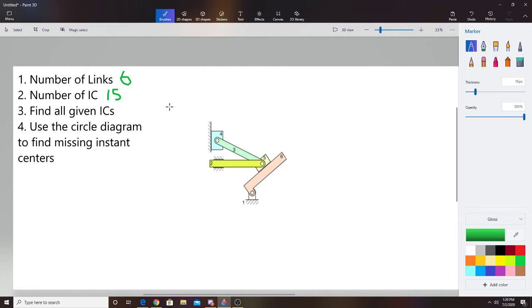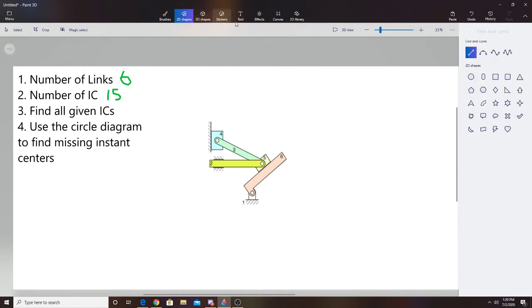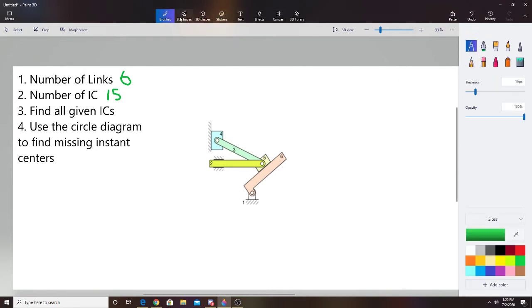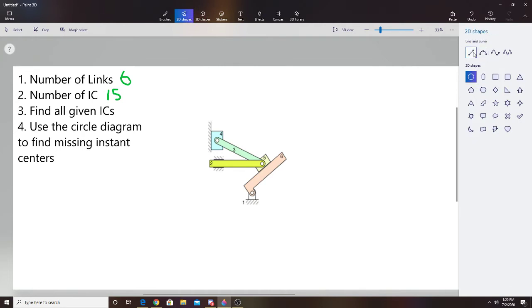That's not bad. All right, so since we've taken care of the first 2, we now have to find all given instant centers. So let's draw the circle as usual.